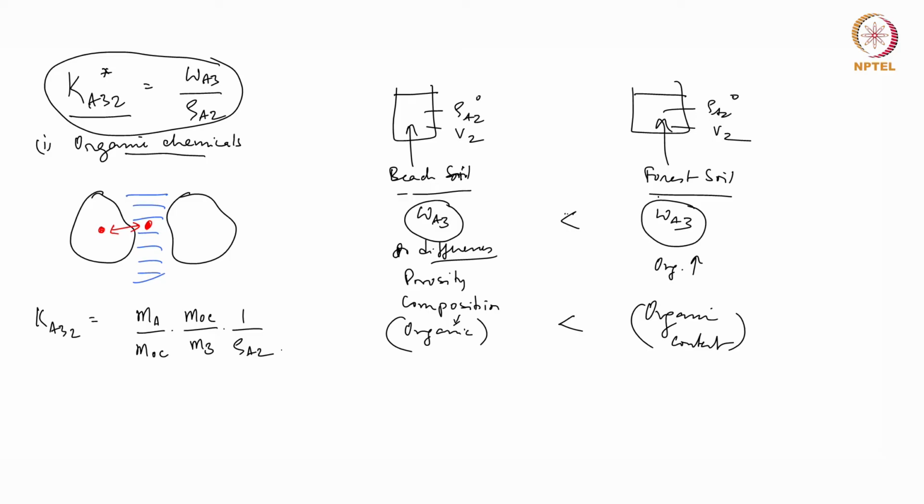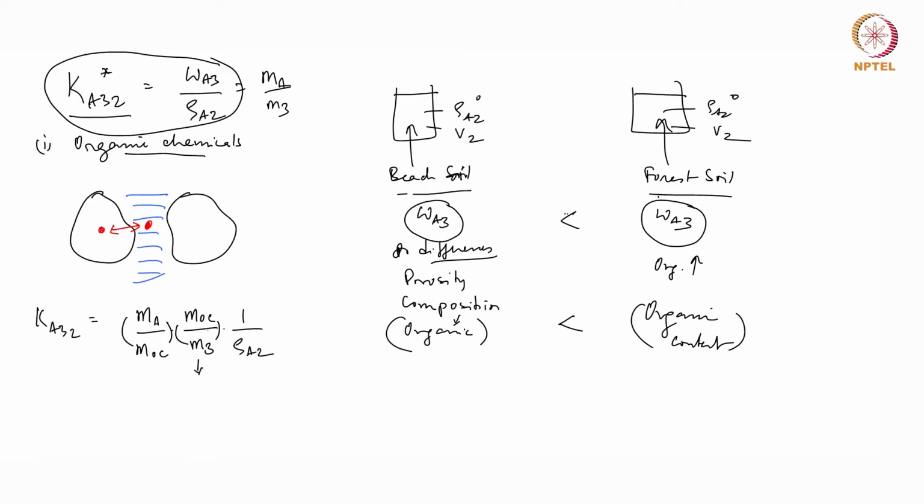if I break up the numerator into two terms, here we are writing this as Wa3. Wa3 is m of A by m of 3. If I write that in terms of this, the second term here is the organic carbon content.